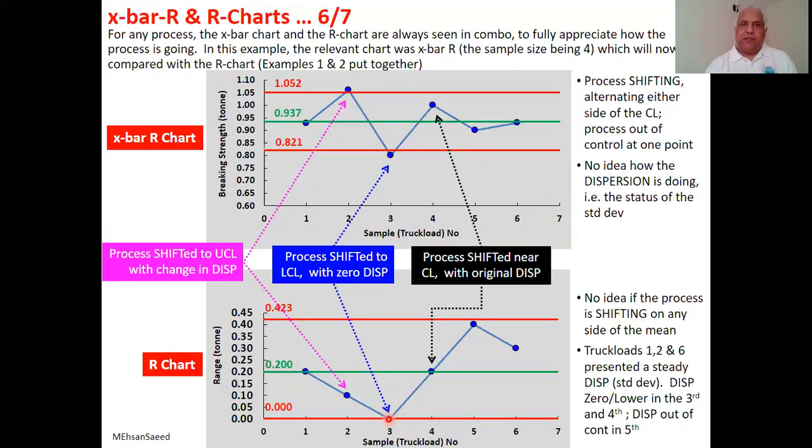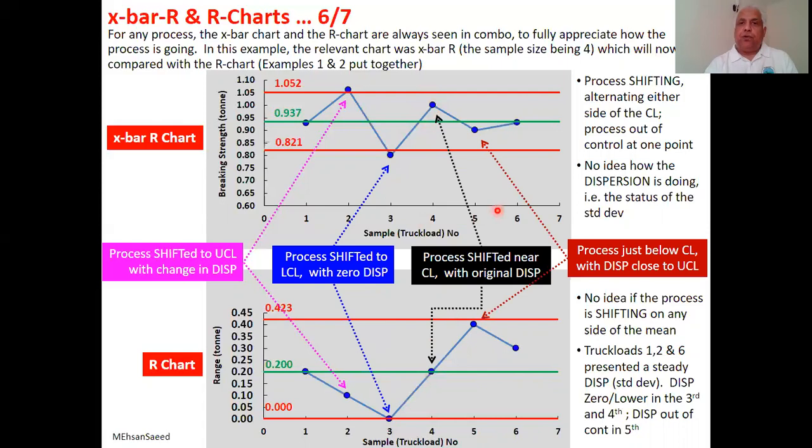In the next case, we found that this truck was within limits as far as shift was concerned, slightly towards the higher side from the center line, and the dispersion was smack in the middle on the center line, 0.2, or the range.